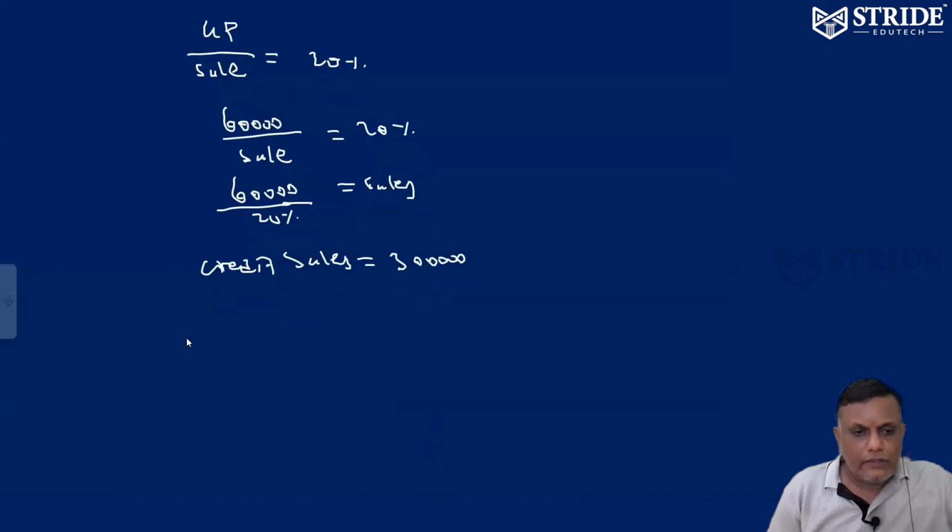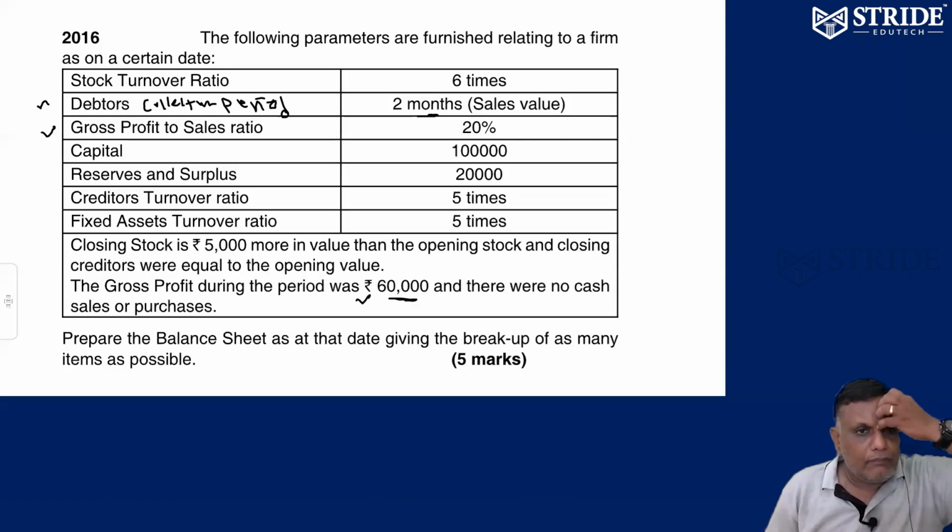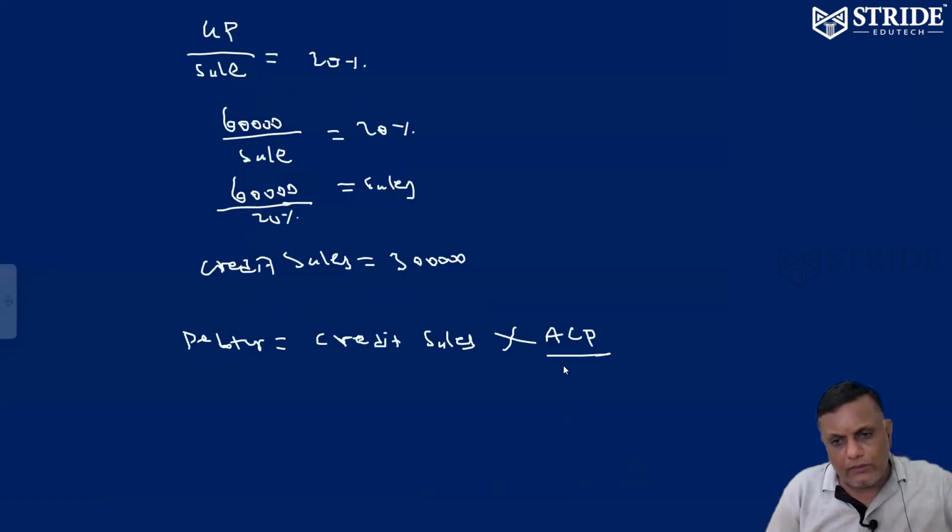Next one, debtor is equal to credit sale into average collection period in terms of months by 12. Credit sale is equal to 3 lakhs.